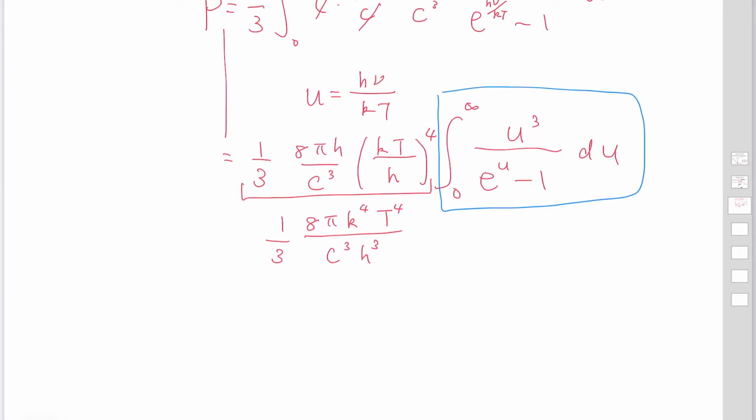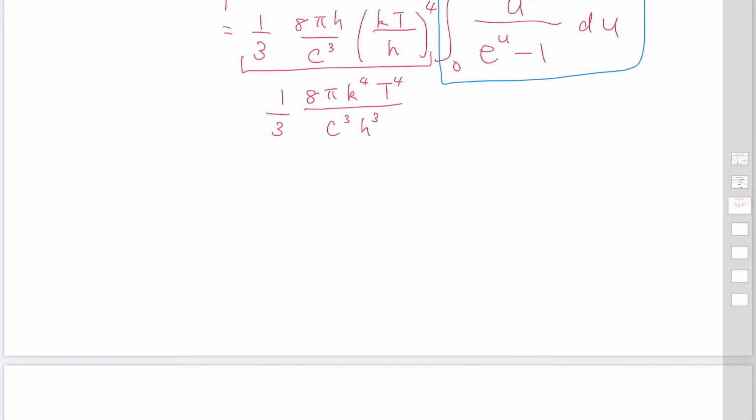Then I'd like to show you this integral: 0 to infinity of u cubed over exponential u minus 1 du. Now we'd like to consider the inside of this quantity.